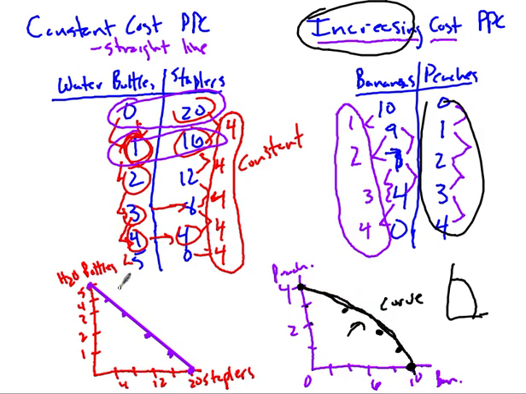If I said constant cost, it's a straight line, and be able to state and give an example of what a constant cost means, where you get one, you give up 4, get one, give up 4. It could be a 1-to-1 ratio, it could be a 1-to-2, as long as it's constant. It could be 3 all the way down, whatever. And then what an increasing cost is. So as you gain more of one thing, you have to give up more and more of the other. All right, so that's it for this video, and until next time.